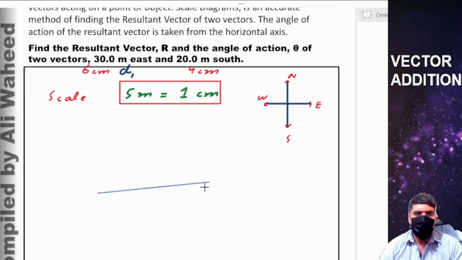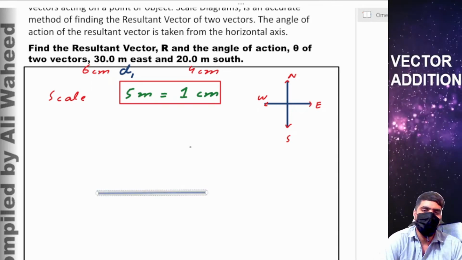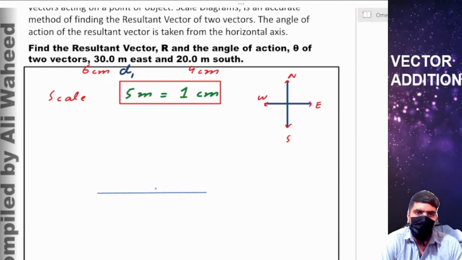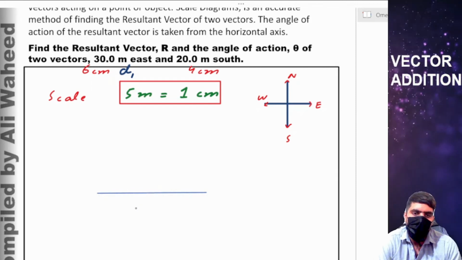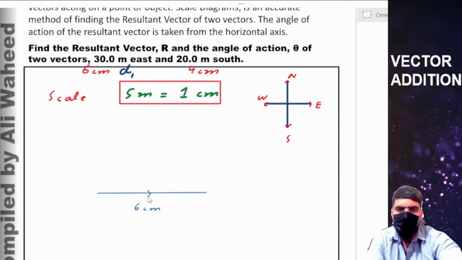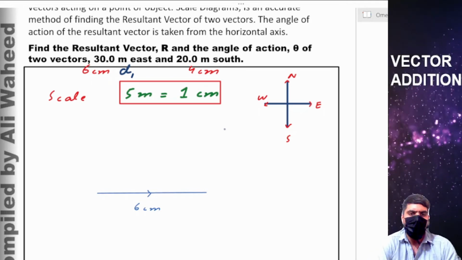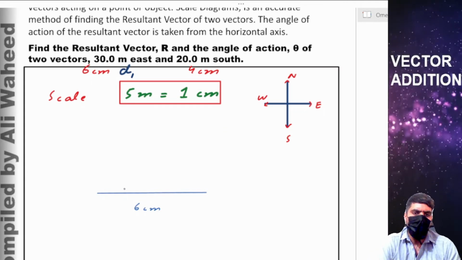So let's say this line is representing 6 centimeters, and that has to be directed towards east. So I can draw an arrow like this. Arrow can be drawn anywhere on the line. You can draw at the end, you can draw over here or anywhere.